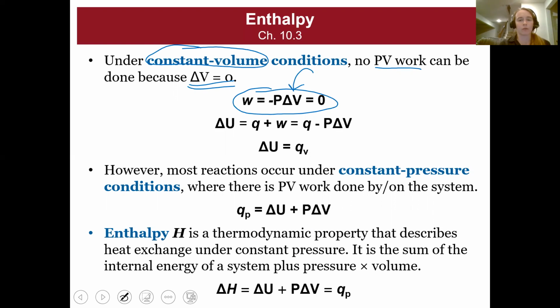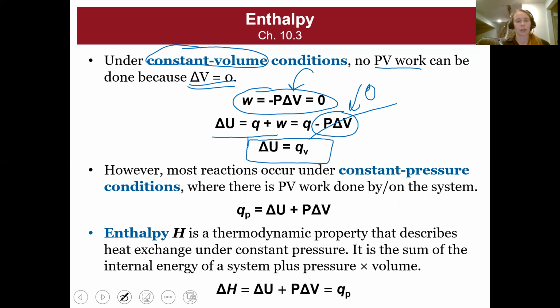And then if we plug it into our delta U equation, delta U is equal to Q plus W, our heat plus work, and we plug in this negative P delta V for our value of work, but this delta V is 0. So this whole thing cancels out, and we find that delta U is equal to heat under constant volume.